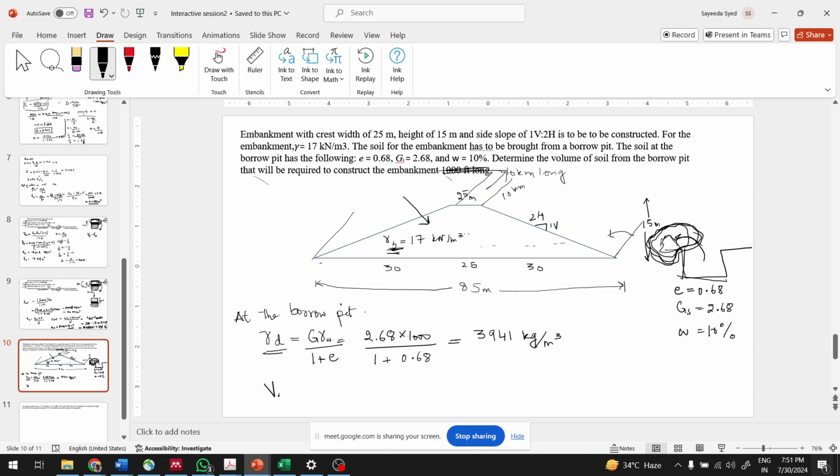So the volume of the embankment will be, you know, this will be 15 over 2 into 25 plus 85.